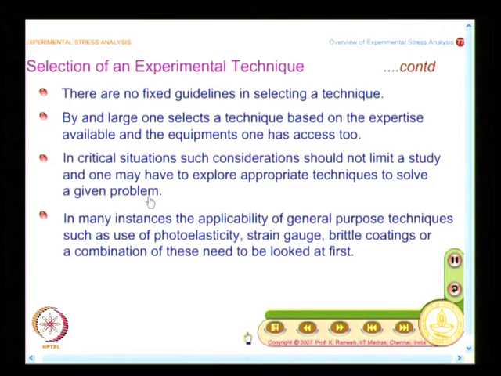And in many instances, the applicability of general purpose techniques such as photoelasticity, strain gauges, brittle coatings, or a combination of these needs to be looked at first. In fact, for many of the industries, several day to day problems can be conveniently handled by these tools.